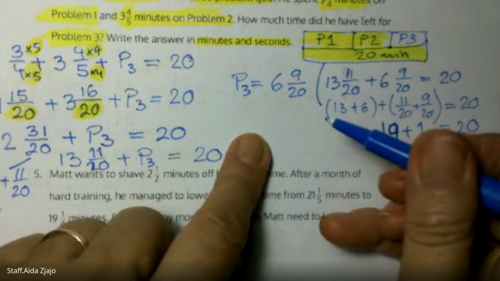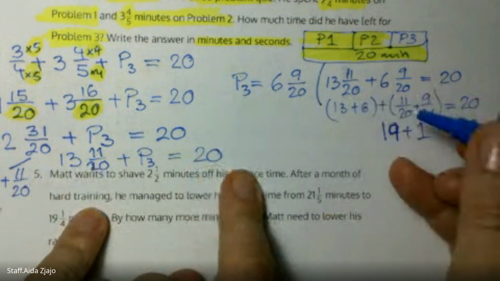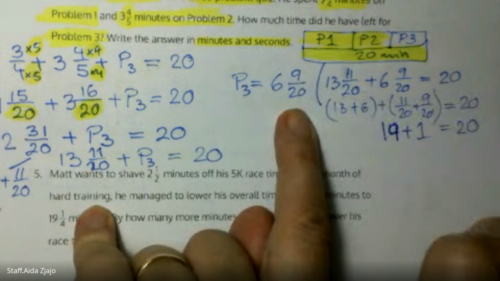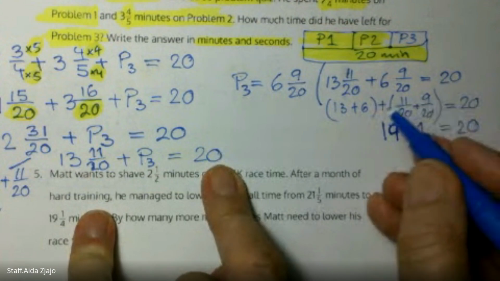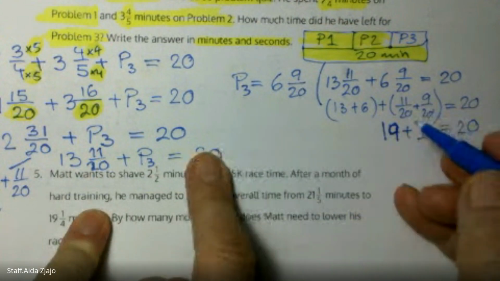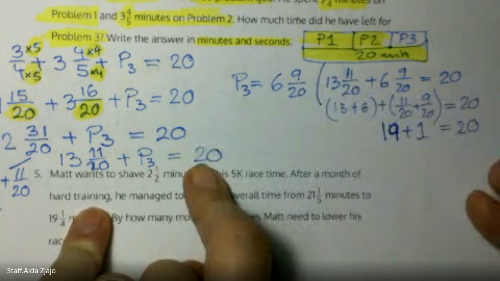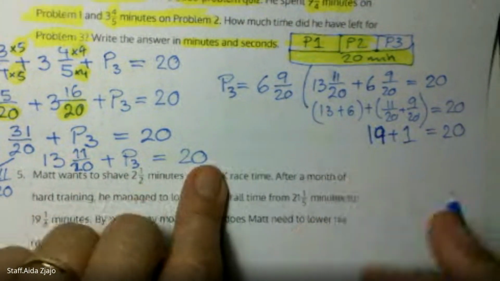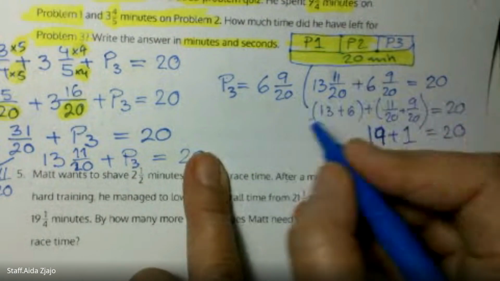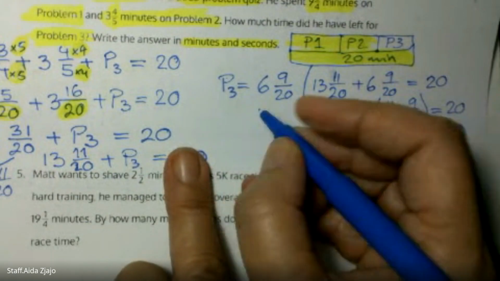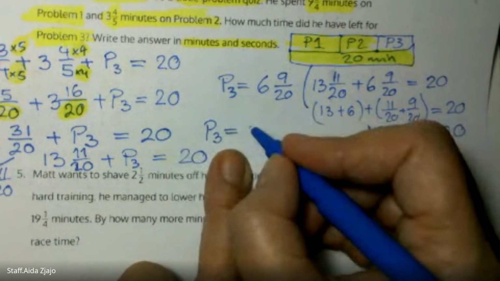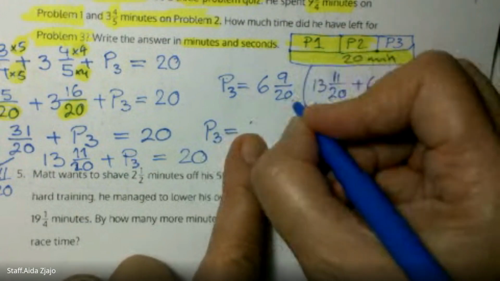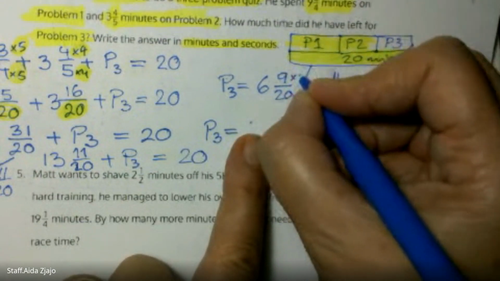There are 60 seconds in a minute, so we can change these into the equivalent in seconds. So the problem 3 time would be 6 minutes, and I will need to multiply 9 20ths by 3.